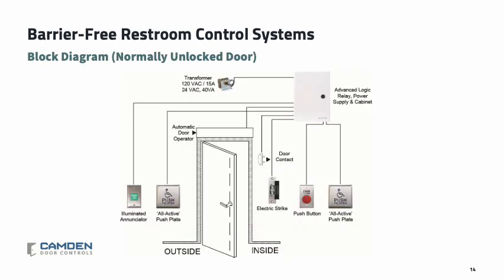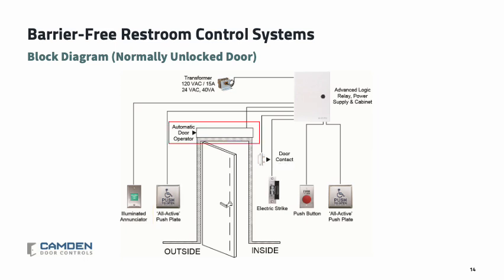In this illustration, we've brought all of the elements together into a complete barrier-free restroom control system. This block diagram is of a normally unlocked restroom door. The sequence of operation for the system starts by pressing the push-to-open push plate switch.